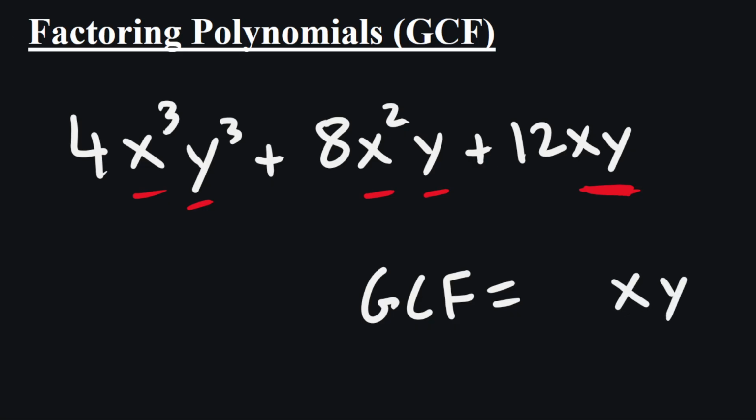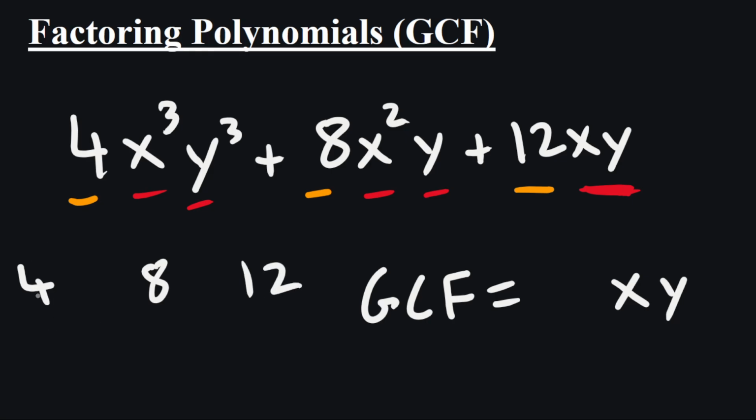Now let's take a look at the numbers. So what numbers do they all have? This one has a 4, an 8, and a 12. So what is the factor that they all share? Another way to take a look at this, let's write out the numbers, 4, 8, and 12.